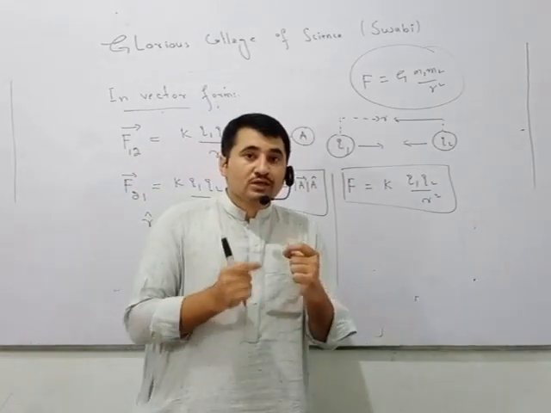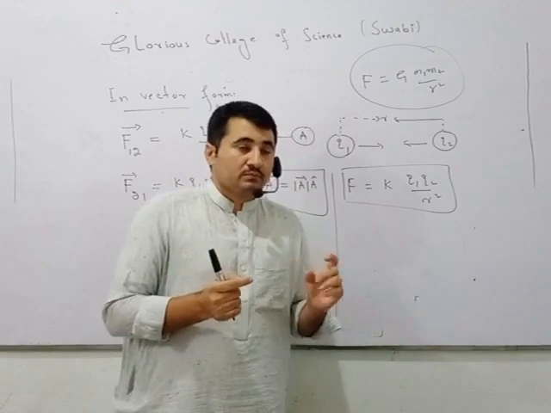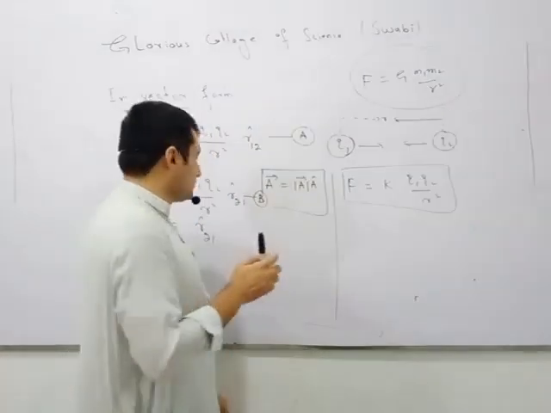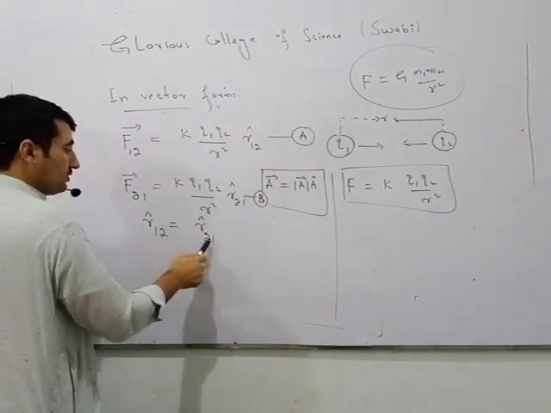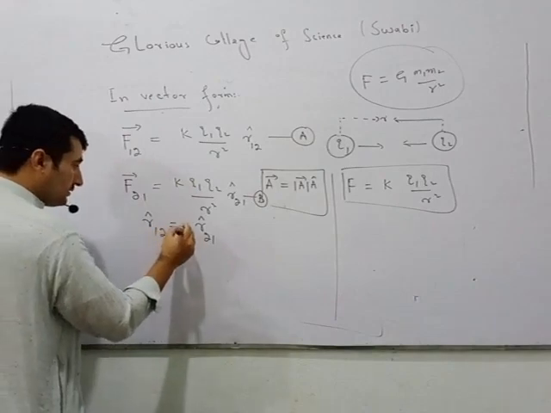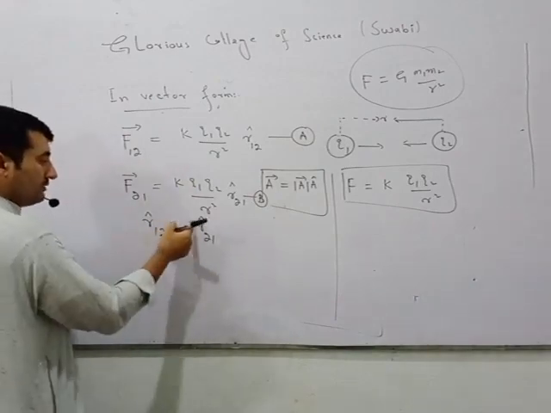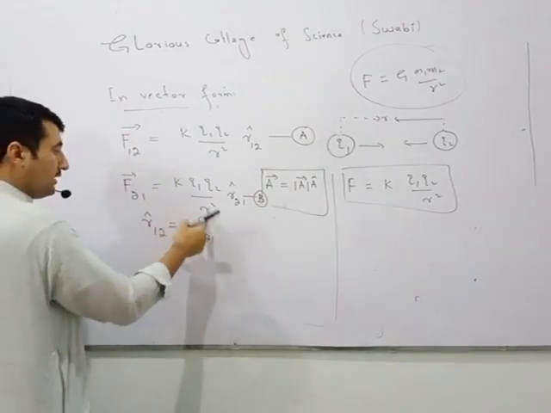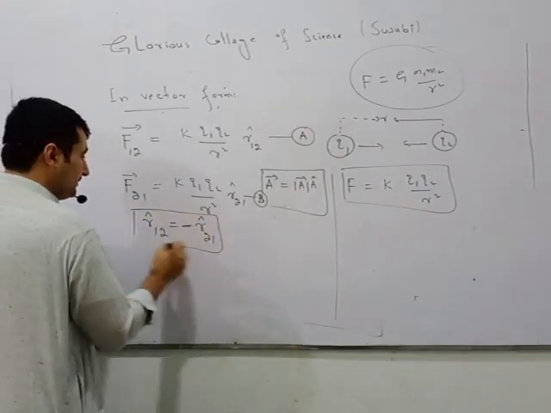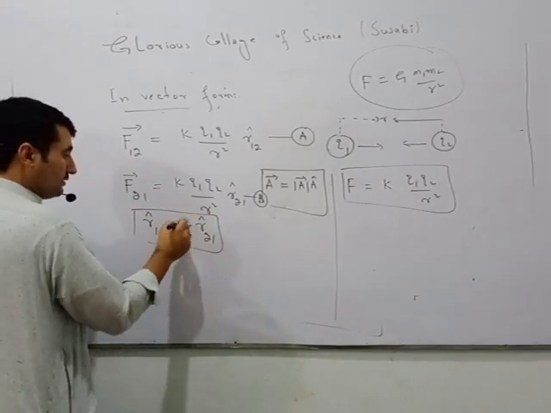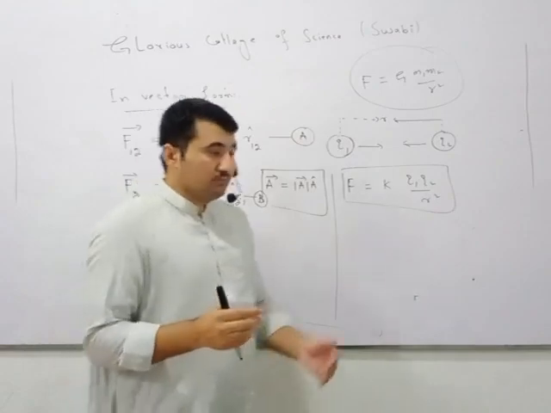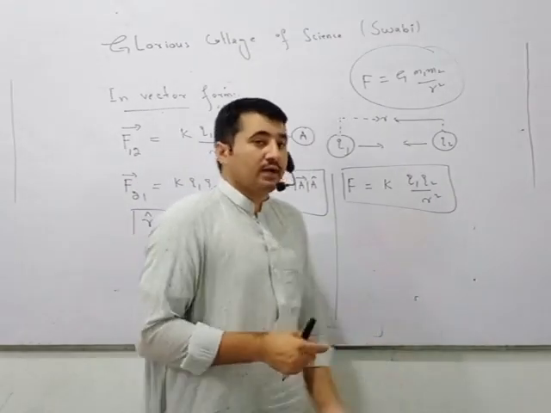So only the change of direction is there, because the unit vector gives you the direction. So R12 equals R21 only if there is a negative sign. Magnitude wise these are equal, remember, both are unit vectors. The negative sign shows you the direction, both have opposite directions.